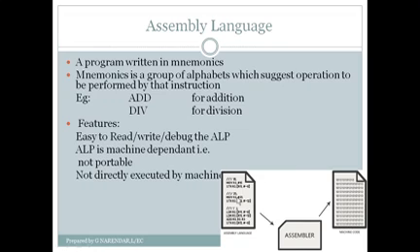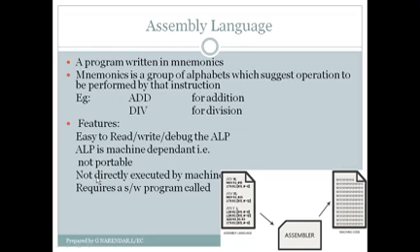So though we write the instructions using assembly language, that is, using mnemonics, we will be using a software called an assembler to convert the program to machine code, and this machine code can now be directly executed by the controller.